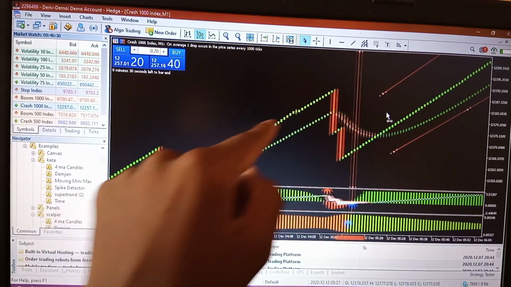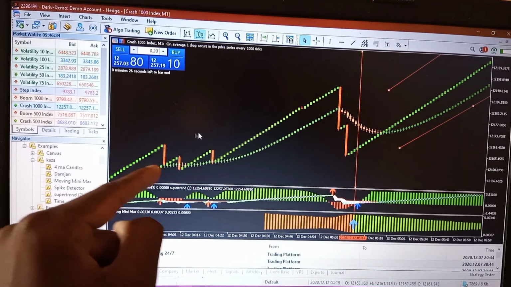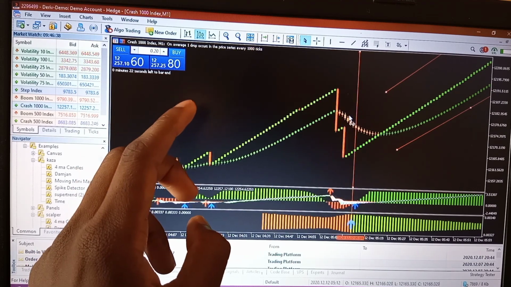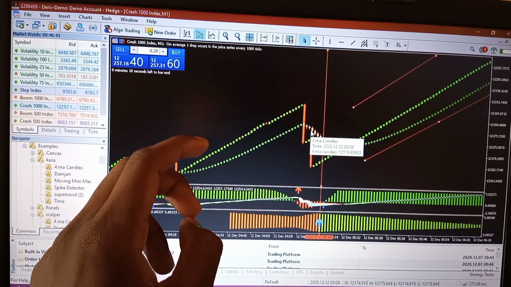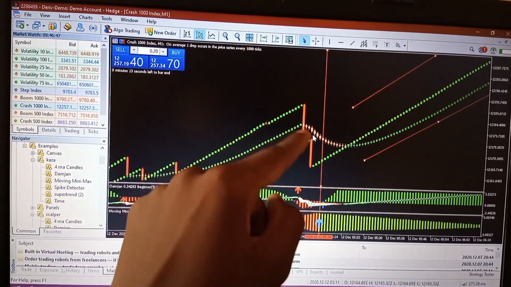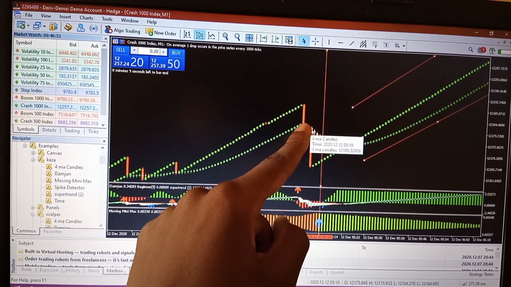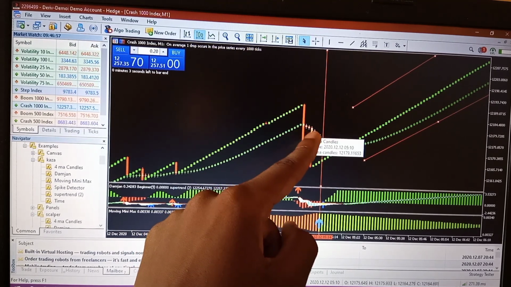The 4MA candles indicator has two colors. I'm not good at colors, but this color looks like reddish brown, and it also has a green color. So let's take for example here, when it crashed, the 4MA candles indicator was going down.